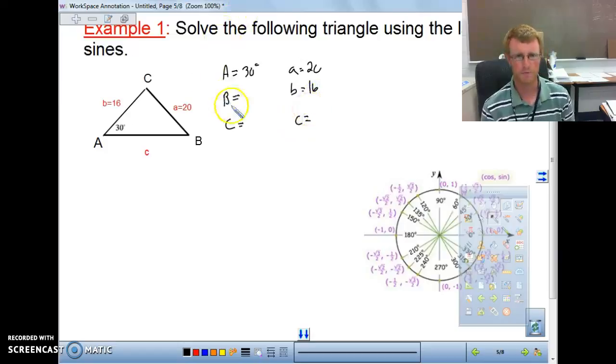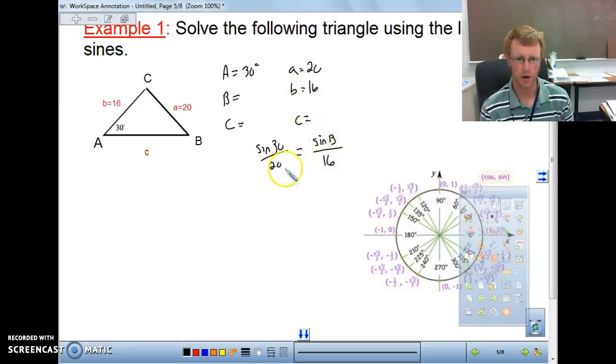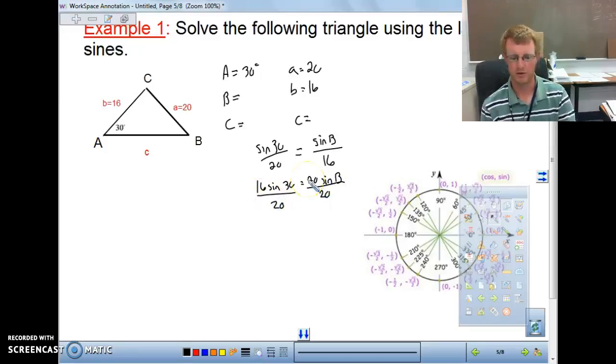So when we set up our law of sines, we're going to do it the same way. We're going to use what we know. We have a pair, 30 and 20 here. So this is going to look like the sine of 30 divided by 20 equals, and then we'll just go ahead and do our angle B here, sine of B over 16, and then we cross multiply: 16 sine of 30 equals 20 sine of B. We have to divide both sides by 20 here to get what our sine of B is.